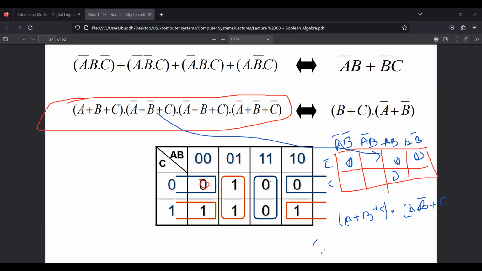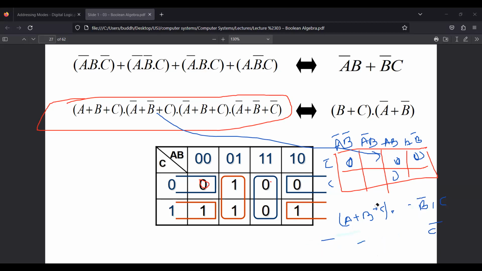This one, A bar plus B plus C. Last one, this one, A B, that means A bar plus B bar plus C bar, right? So this is our expression. The given expression is this, and we need to simplify it.